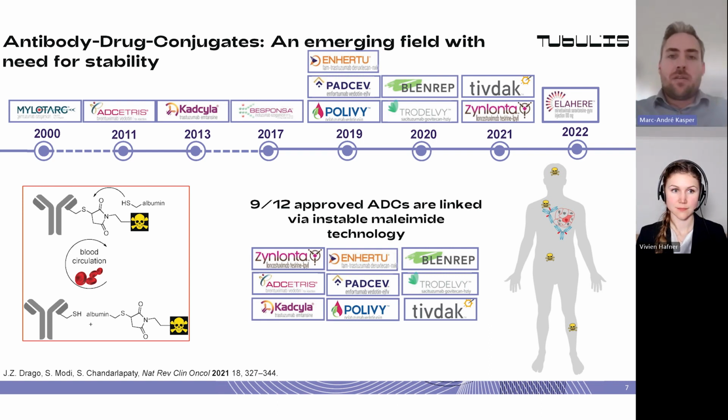However, there's still a lot of room for improvement when we look into the ADCs that are currently being used in the clinic. And one of the issues, it's not the only one, but one of the issues which is often discussed, is instability when these ADCs are circulating in the patient. So usually 9 out of 12 of these ADCs, which you can see here, are linked via a chemistry which is called maleimide chemistry, and this can undergo a process which is called retro-Michael addition.